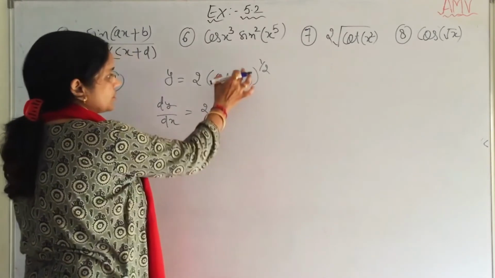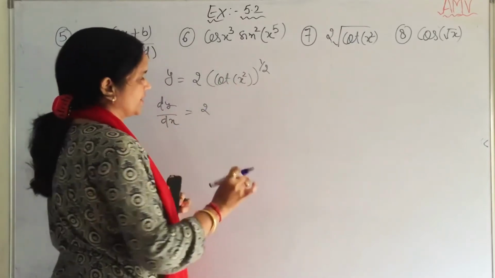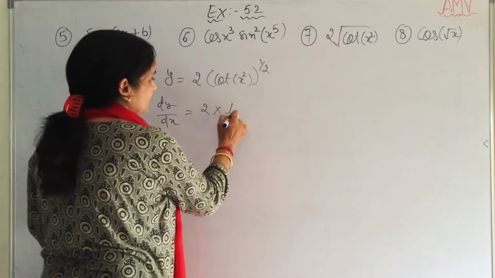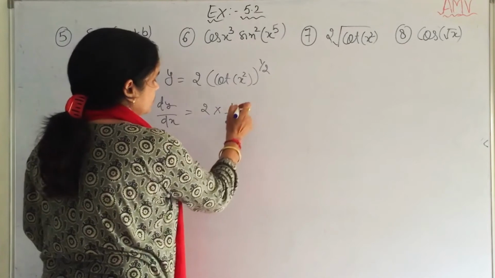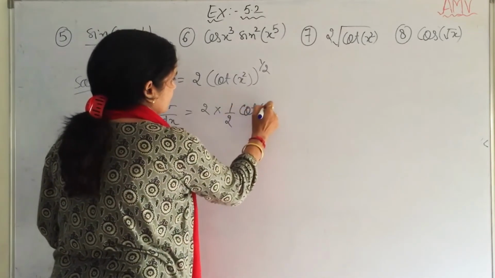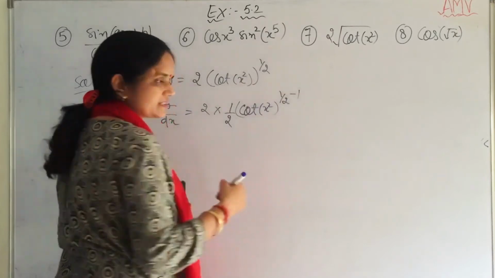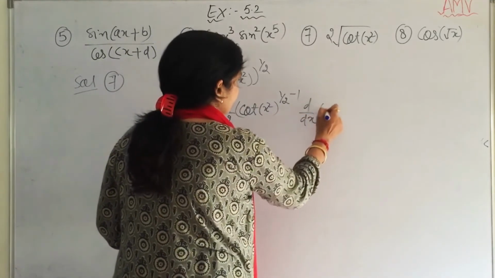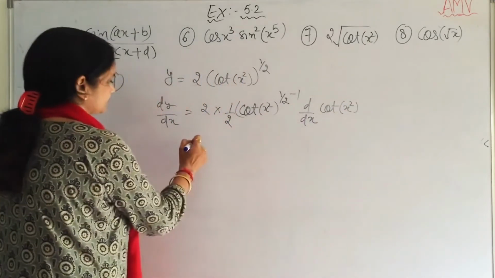First of all, consider cot x square as x in your mind, so it is x power 1 by 2. Apply the formula x raised to n, 1 by 2, and here cot x square power 1 by 2 minus 1. Now the derivative of cot x square.